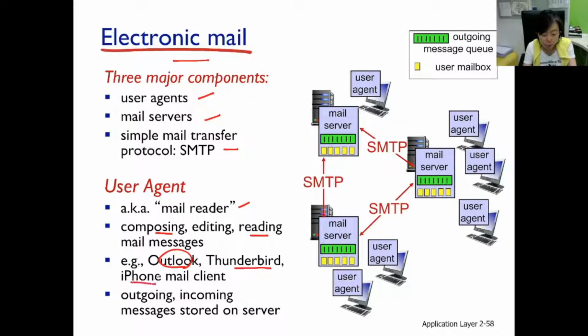The iPhone comes with a built-in mail reader. Google is also trying to push the Gmail mail reader. There are so many of these email readers these days. Keep in mind though, the actual emails are all stored on the servers these days, not on the user agent.